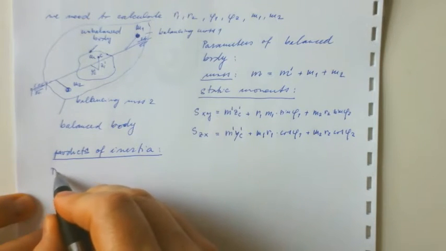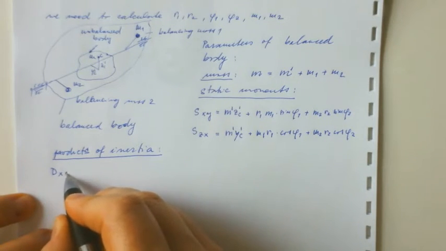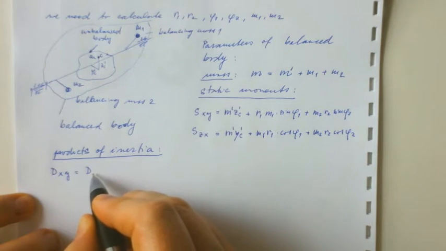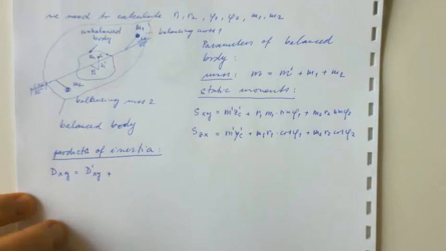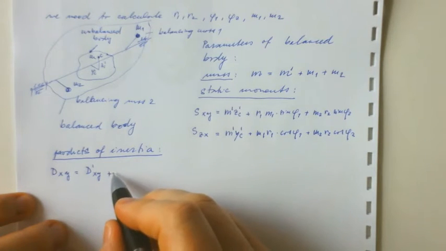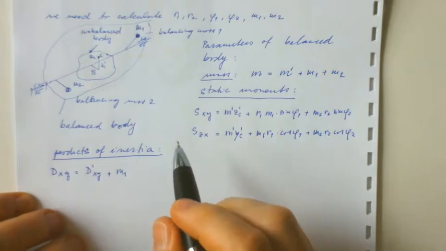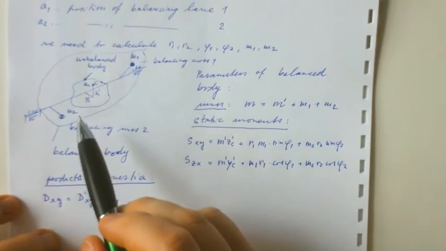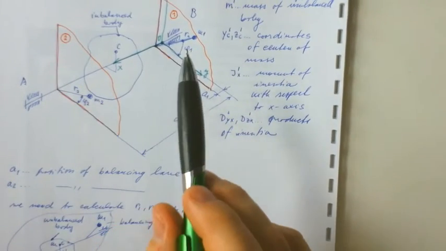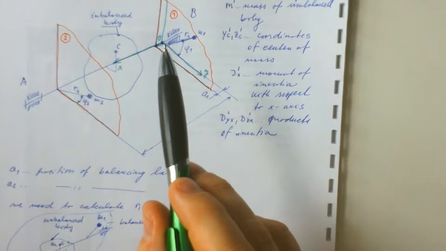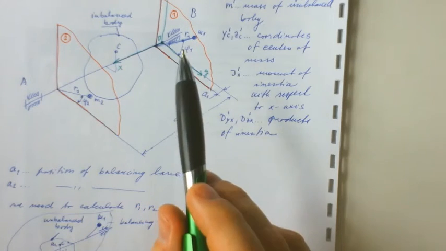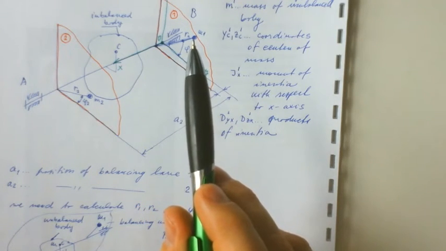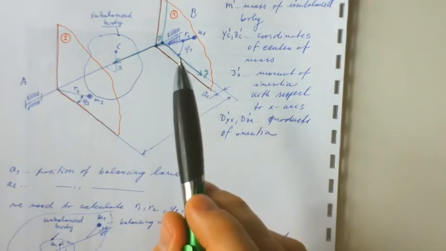So we have Dxy, which is Dxy prime plus, and mass m1 has a product of inertia a1 by r1 cosine phi1.